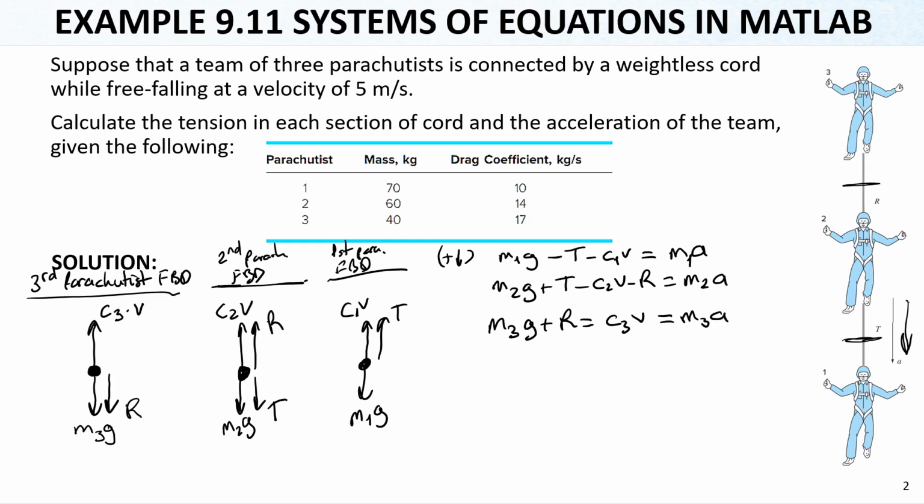If we combine these and want to have a system of equations with knowns and unknowns, let's write this in matrix form: 70, 60, 40, 1, minus 1, 0, 0, 1, minus 1. And the unknowns in this one are A, T, and R.